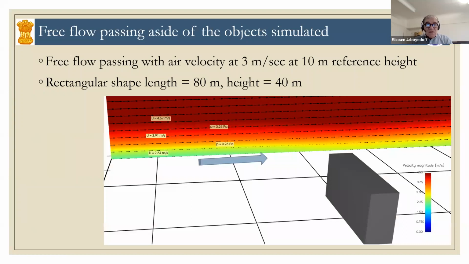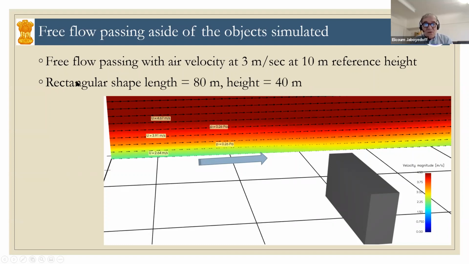So I won't go into the detail, but you can see here an example. If we see the air flowing, passing far away from a building at a velocity of about 2.6 to 4.7 meters per second, depending on the height of the airflow.